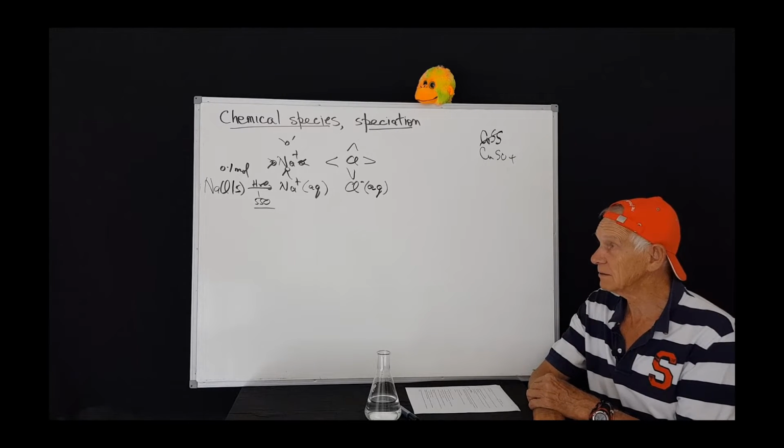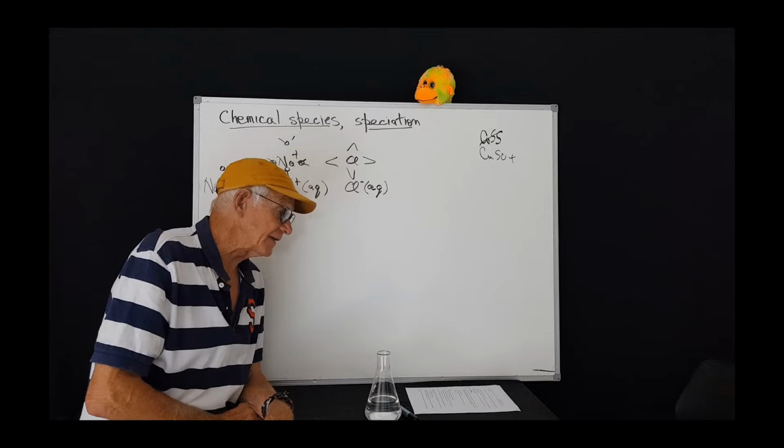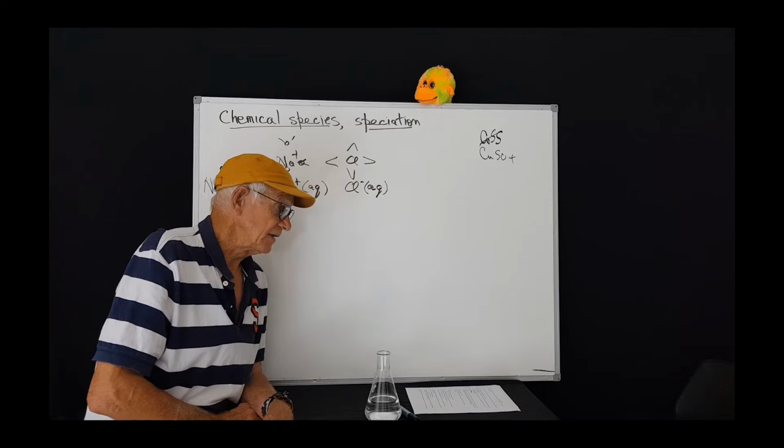How would I know? Let me give you a clue. Solutions of sodium sulfate in water are colourless. We're talking about copper sulfate, and I'm telling you that solutions of sodium sulfate, potassium sulfate are colourless.